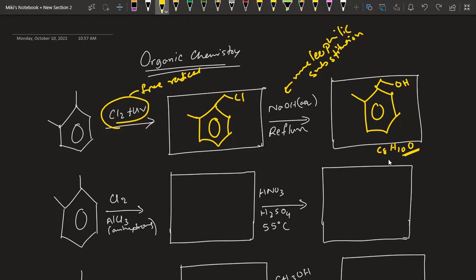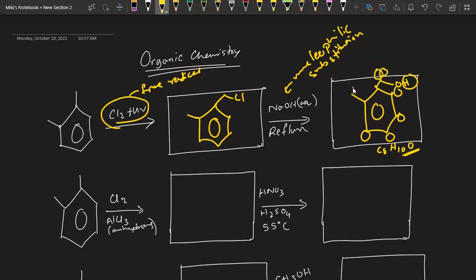Now let's count if the molecular formula and the structure match. So we have 1, 2, 3, 4, 5, 6, 7, and 8 carbons. Then we have 10 hydrogens. One hydrogen here, one here, one here. 1, 2, 3, 4 hydrogens here, 5 here. And from this carbon, we have 2 more hydrogens, so 6.